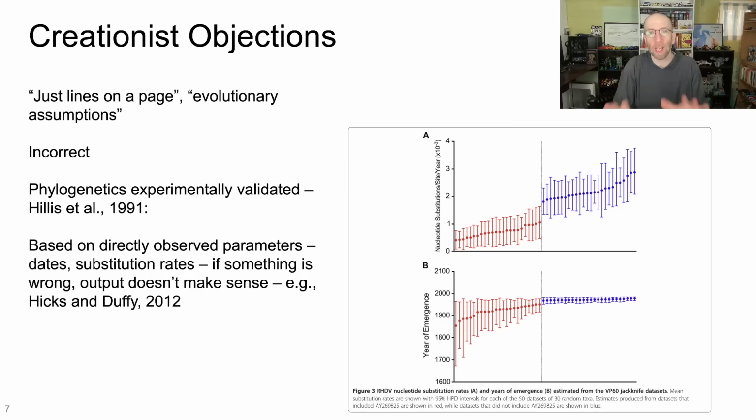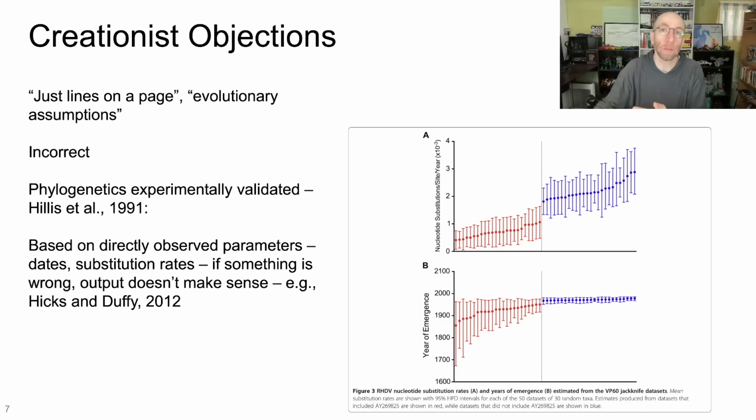And the point I want to illustrate here is that phylogenetics is not based on just guessing how the evolution would have happened. Phylogenetics is based on directly observed parameters, things like the dates of the isolation of the samples you're using, like when did you collect that sequence, and what are the substitution rates, how quickly do the different mutations accumulate in that sequence.